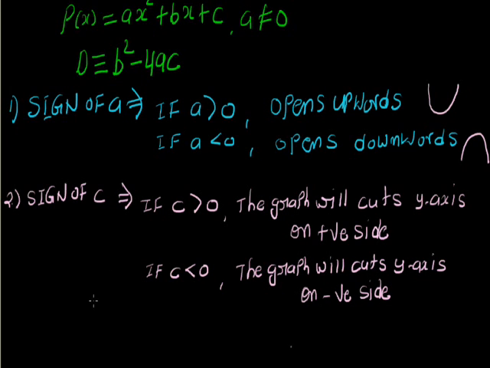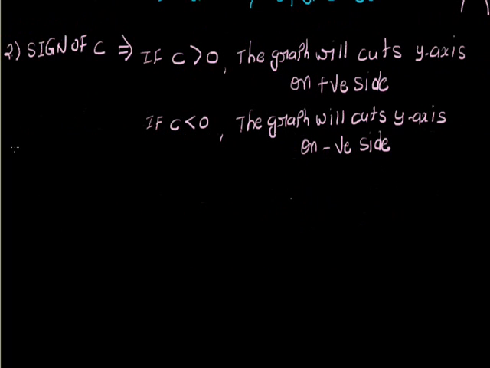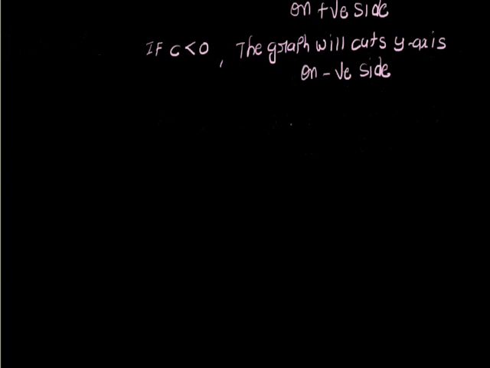If we want to represent these two situations graphically, it can be represented like this. In the first case, if c is greater than 0, this is the y-axis and this is the x-axis, and the graph will be like this.